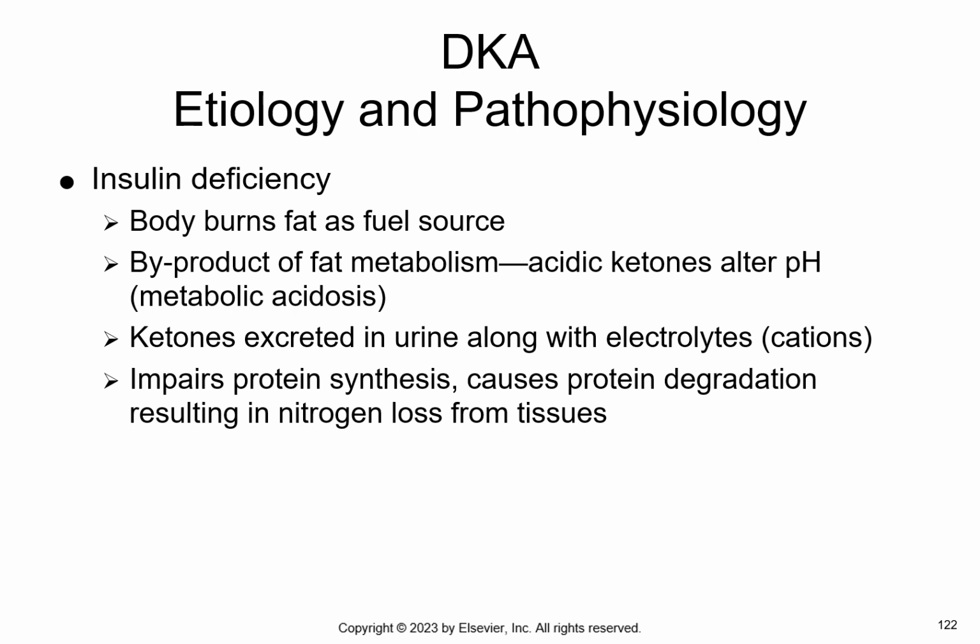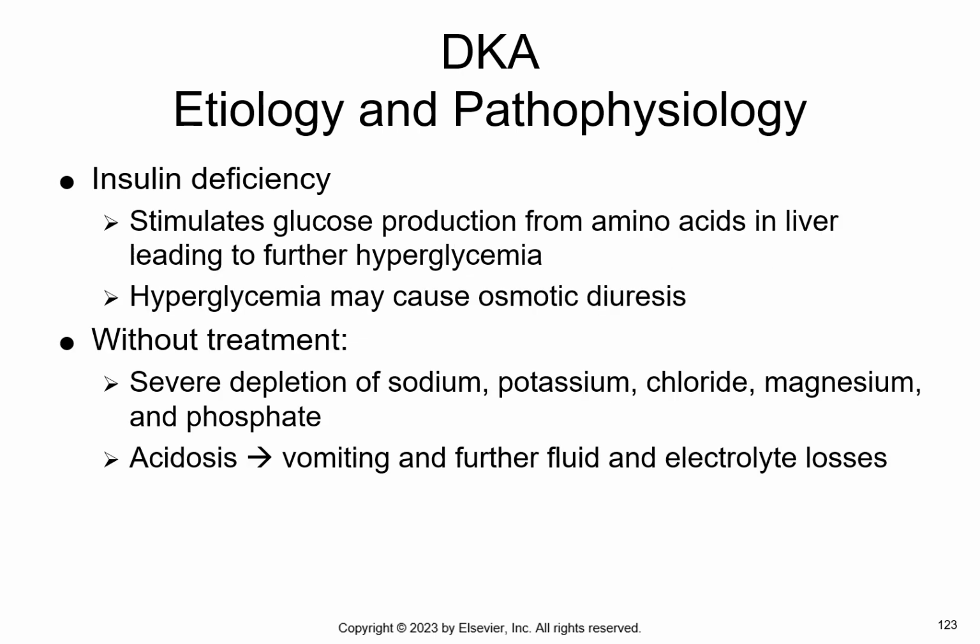Ketones are excreted in the urine along with the electrolytes and become cations. There's impairment of protein synthesis. It causes protein degradation, resulting in nitrogen loss from tissues. So insulin deficiency will stimulate glucose production from amino acids in the liver, leading to further hyperglycemia.